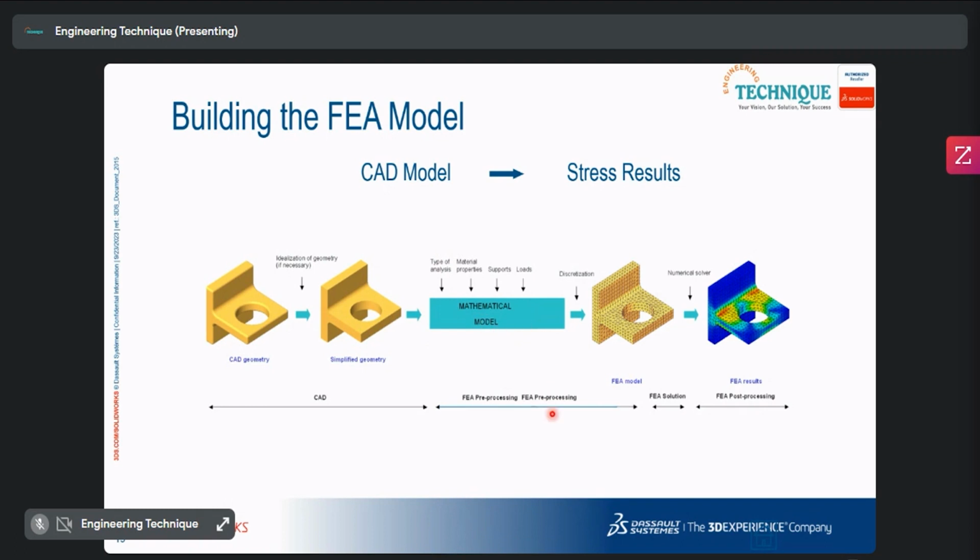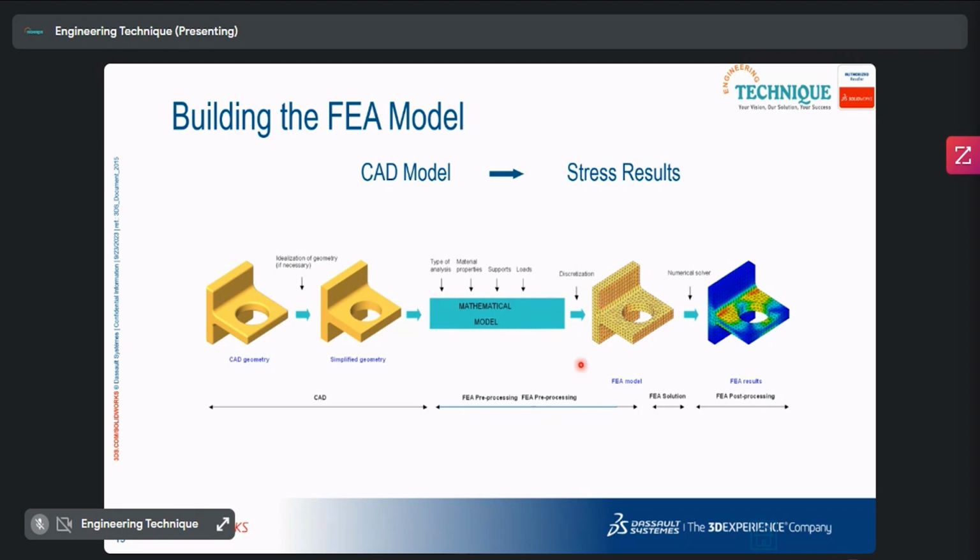After completing this part, in pre-processing, we are meshing the product. This process is called discretization. So what is discretization? We are dividing the working domain, which is a part in simulation, into small geometrical entities.